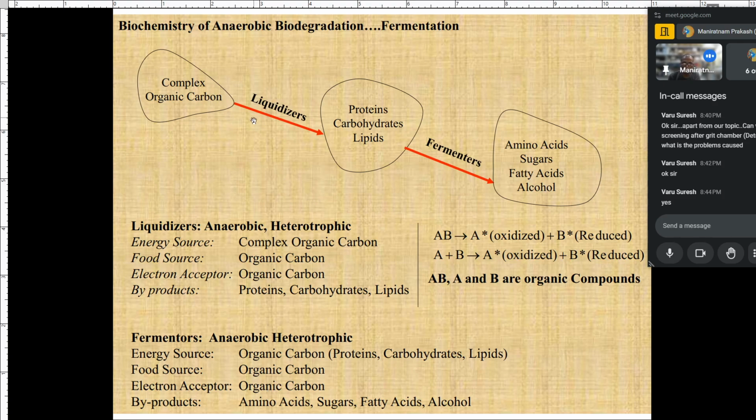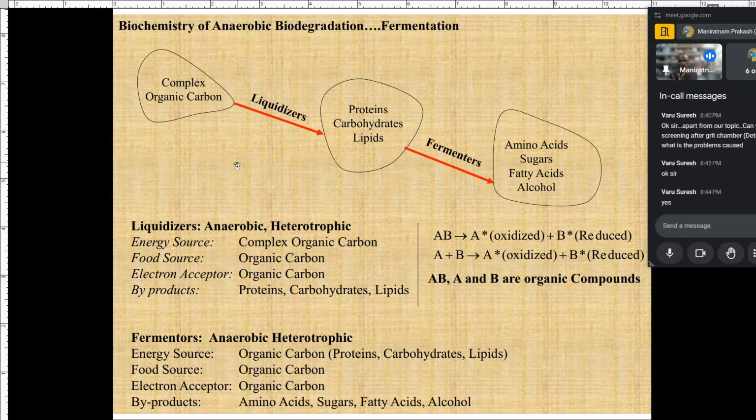The bacteria involved are known as liquidizers, which are anaerobic in condition and heterotrophic. I hope you are aware of heterotrophic and autotrophic, okay? The energy source will be complex organic matter, the food source will be organic carbon, and the electron acceptor will also be this organic carbon, and the byproducts will be protein, carbohydrate and lipids. So this process is known as hydrolysis.